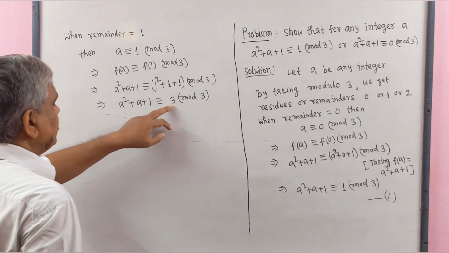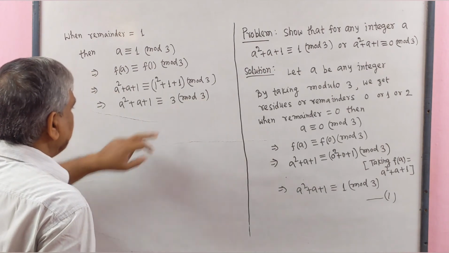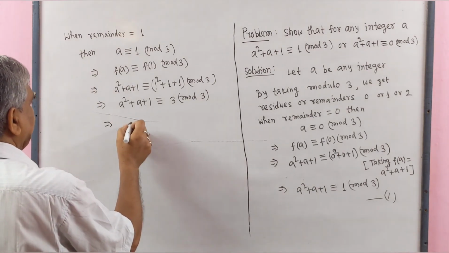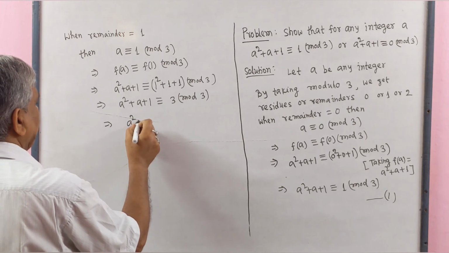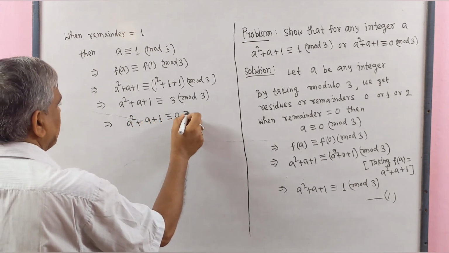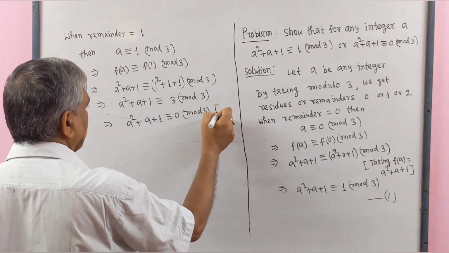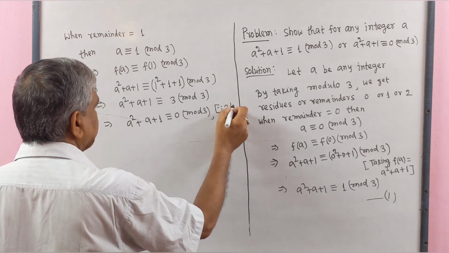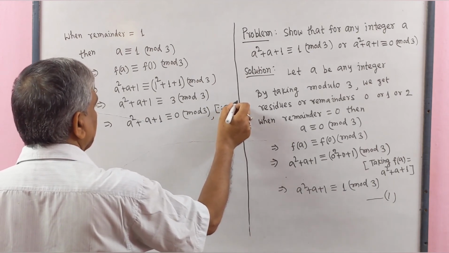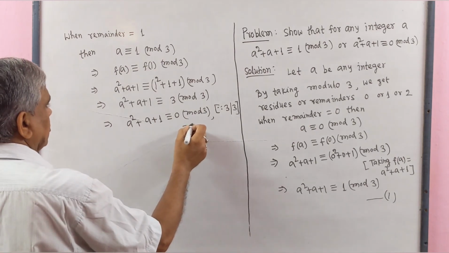Since 3 is divided by 3, here we may write 0, implies that a squared plus a plus 1 is congruent to 0 modulo 3, since 3 divides 3. This is number 2.